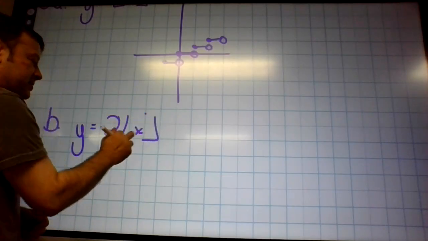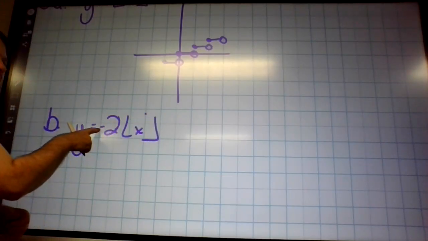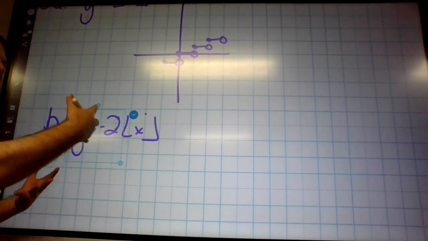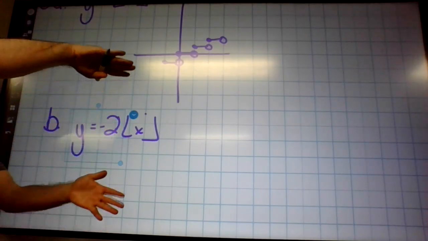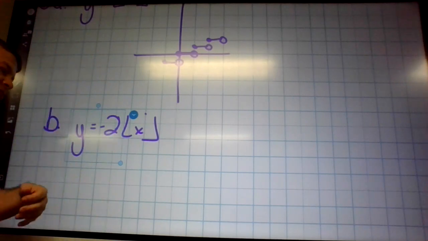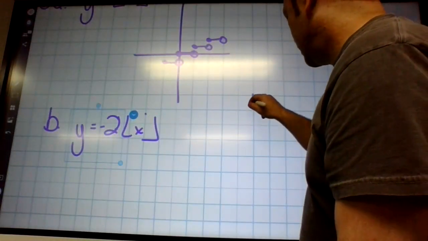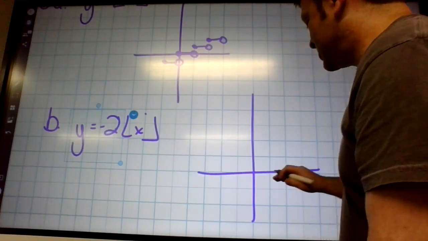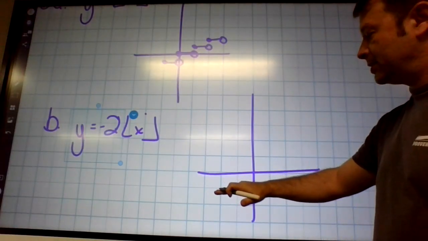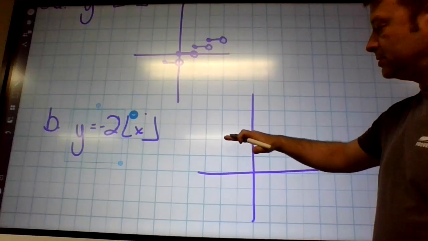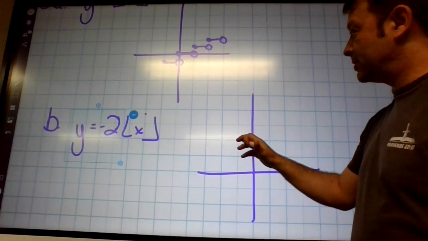So it'll be twice as tall. And what does the negative do when you put it on everything? Vertical flip. So that stair step that was at -1 over here is going to be at +2 over here.